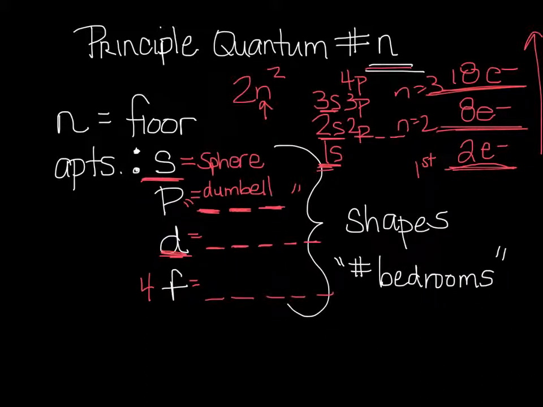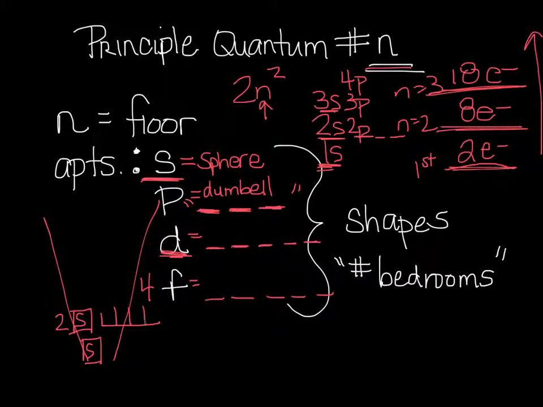So imagine that this is a very strange apartment building, and what you've got is this. On the 1st floor, you have just an S. On the 2nd floor, you have a 2S and a 2P, a 3-bedroom. On the 3rd floor, you have 3S, 3P, and also 3D, which is your 5-bedroom apartment.